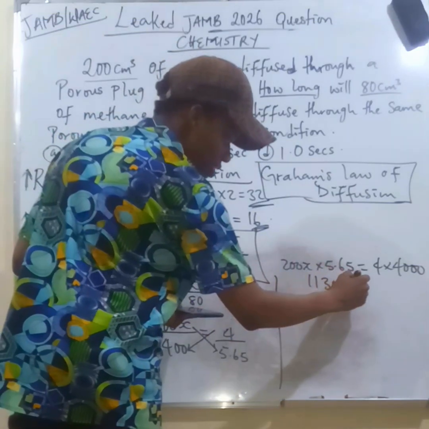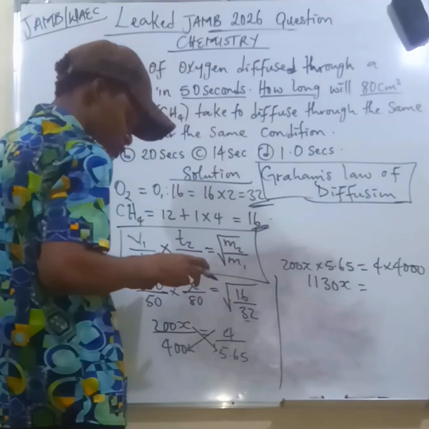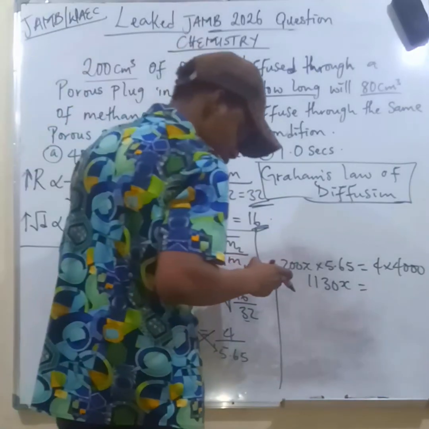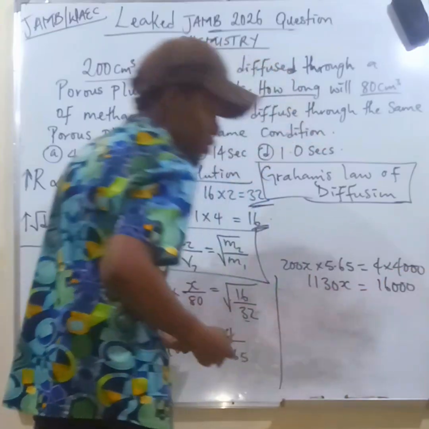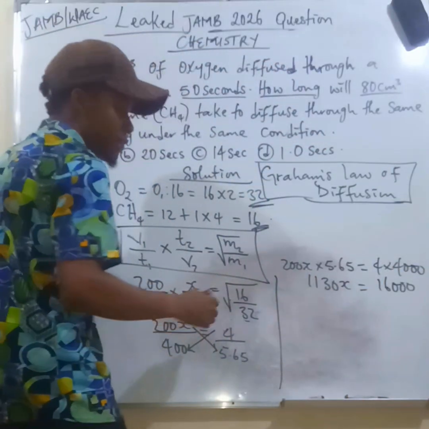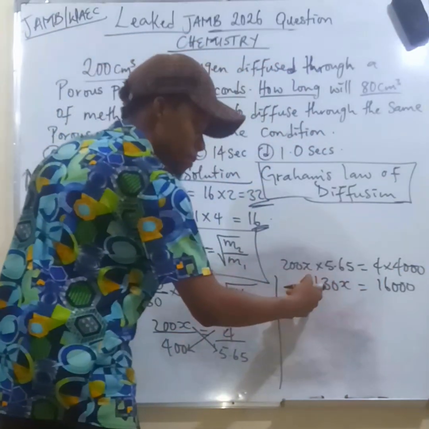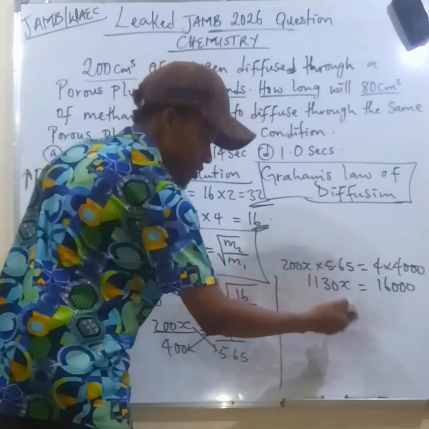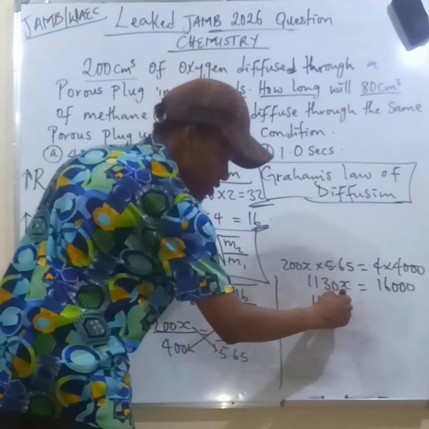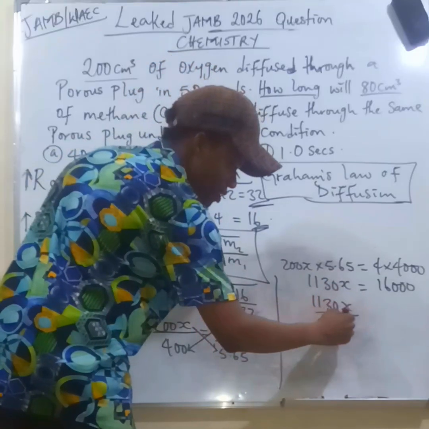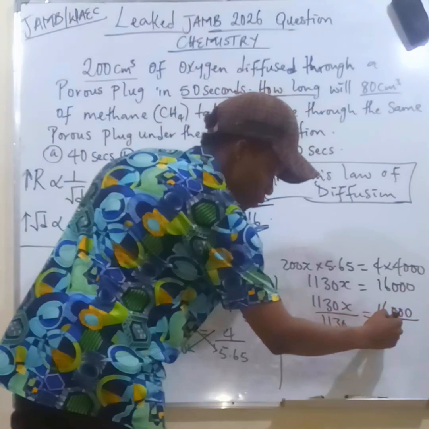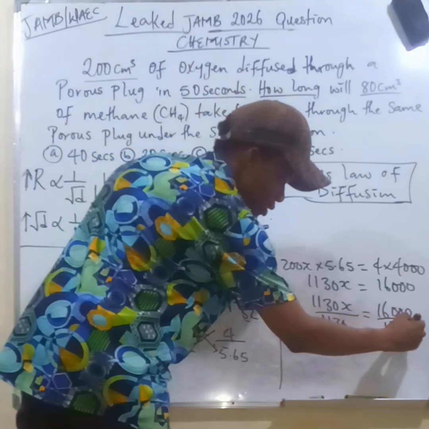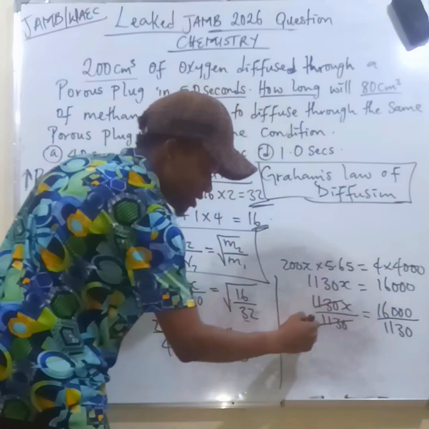Then just add the x, equal to 4 times 4,000, that is 16,000. So at this point we are going to divide both sides by the coefficient of x, the number carrying the alphabet x. So when we do that, we have 1130x over 1130 is equal to 16000 over 1130. So this cancels out this.